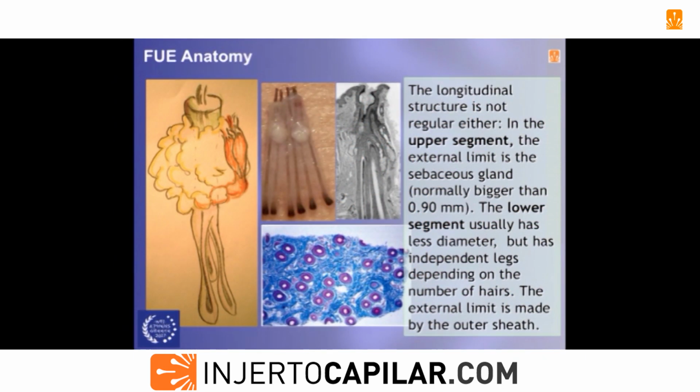When we look at the longitudinal cuts, we confirm that the longitudinal structure of the follicle is not regular either. In the upper segment, the external limit is the sebaceous gland, the widest part, with an average of 0.9 millimeters. The lower part has a smaller diameter depending on the number of hairs.